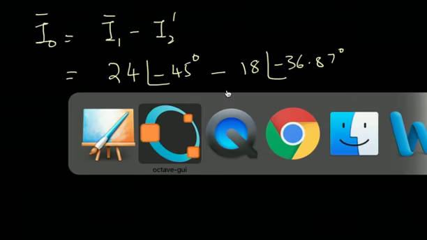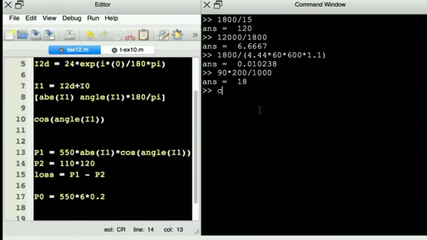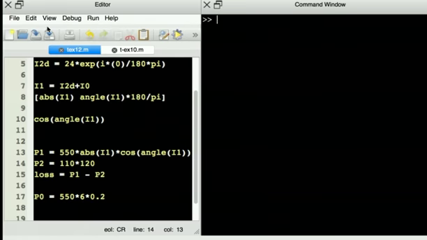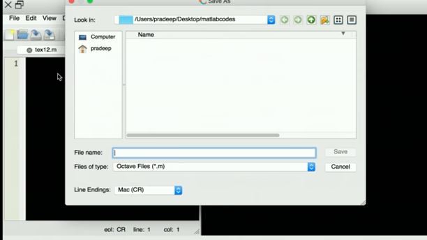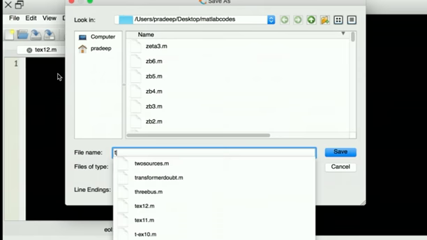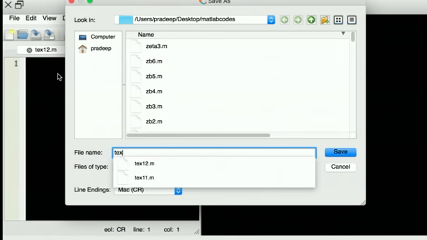So let's do that. Let's create a new file and we'll call this transformers example 14, I think.